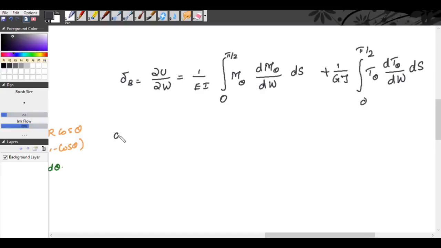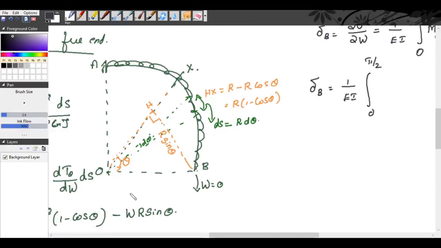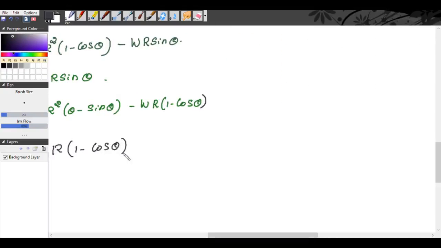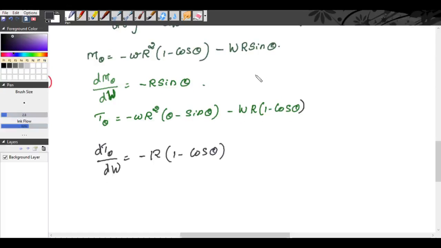So we substitute, we get delta B is equal to 1 by EI into integration of 0 to pi by 2 of M theta. The value for M theta is minus WR square into 1 minus cos theta minus WR sin theta.